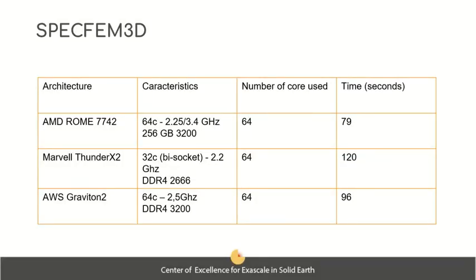Here are some results with a larger number of cores, 64. We have quite the same result with the ThunderX2 not being so great.